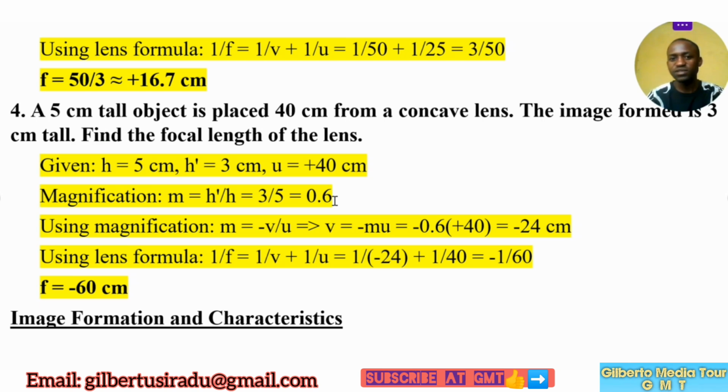There is a reduction because it is less than 1. Using the magnification equation, the image distance is -24 centimeters. Then we apply the lens equation and find the focal length, which is -60 centimeters, for the diverging lens.